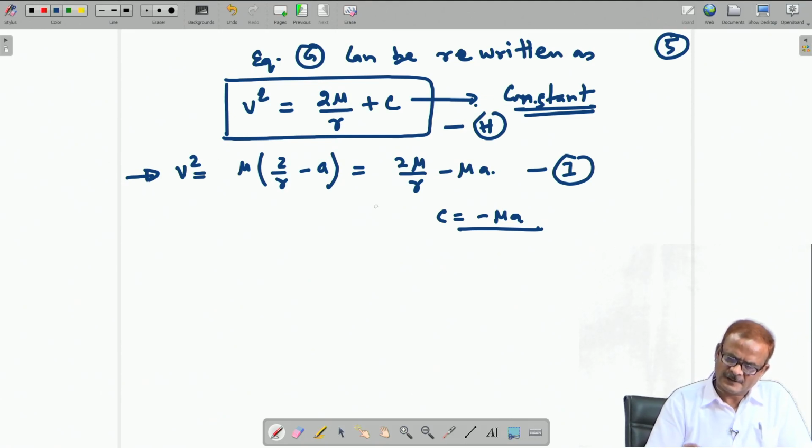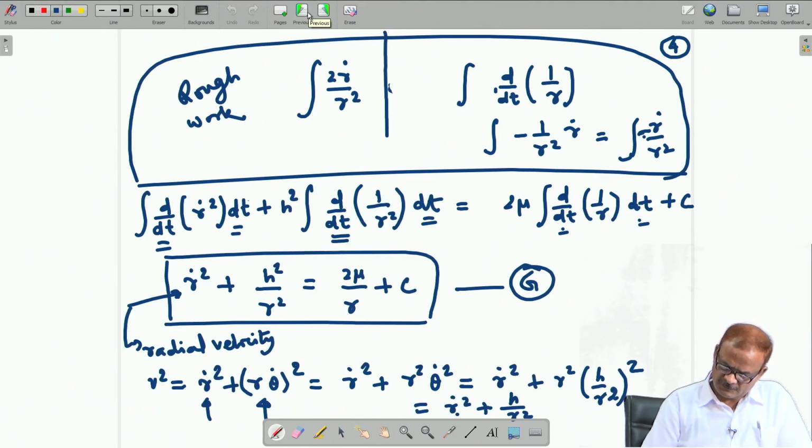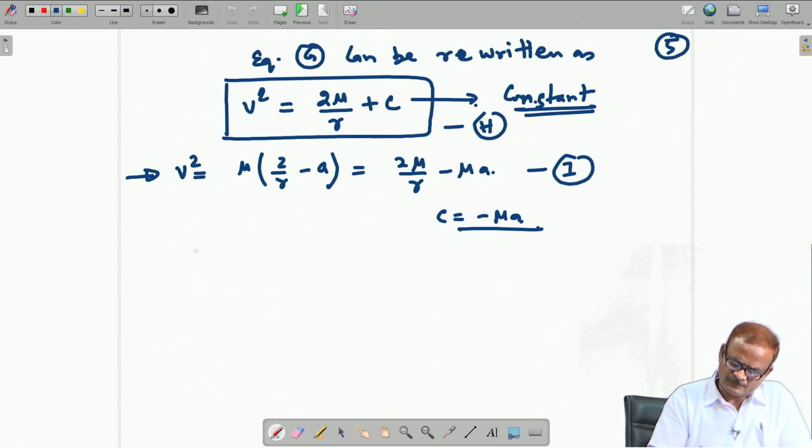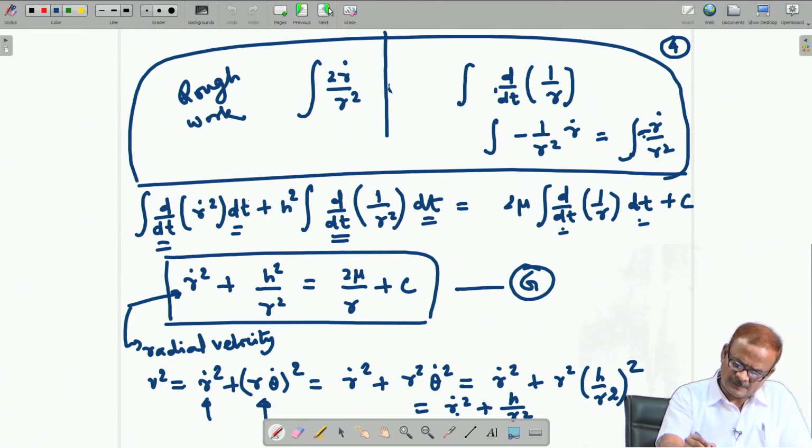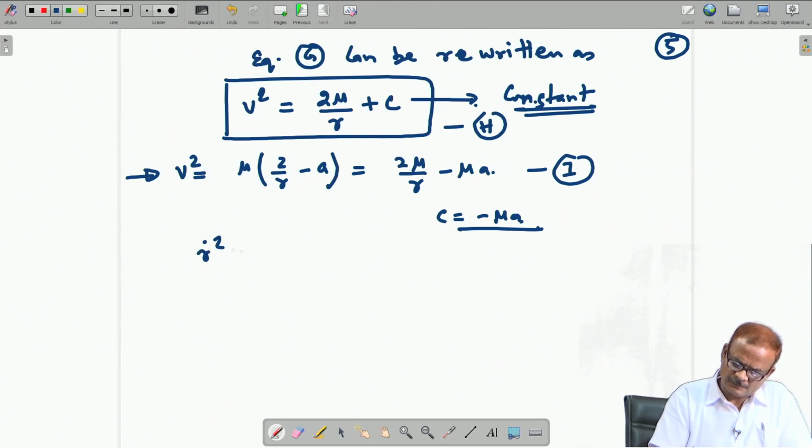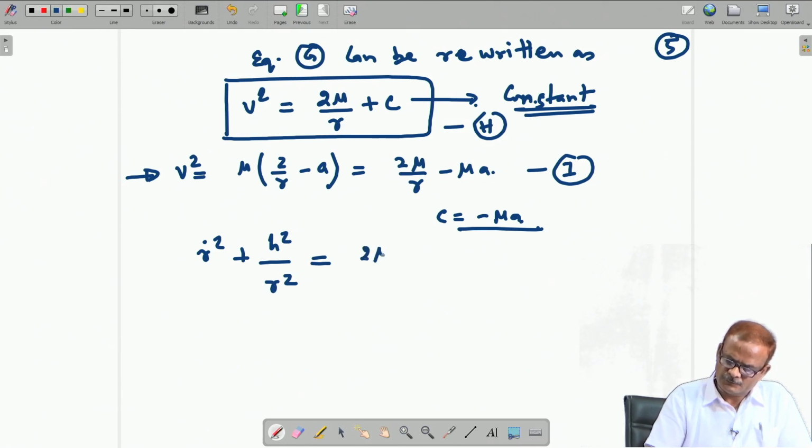So, we can start at this stage itself. Now, pick up from this place: r dot square plus h square by r square equals 2 mu by r and c equal to minus mu by a.